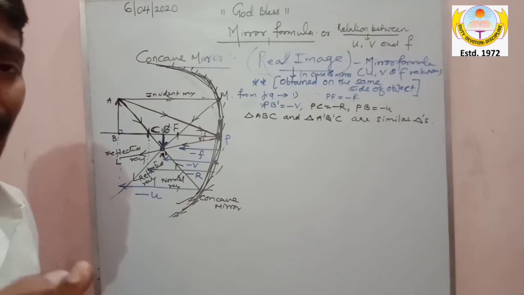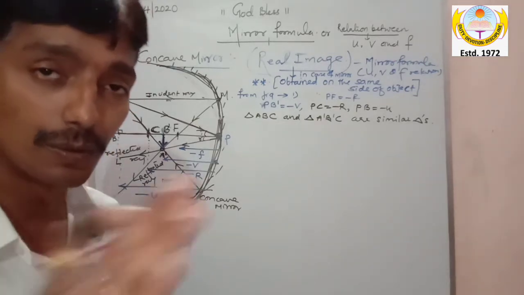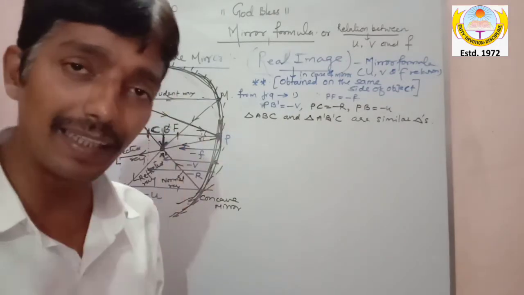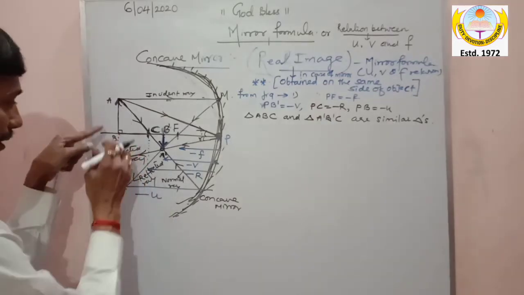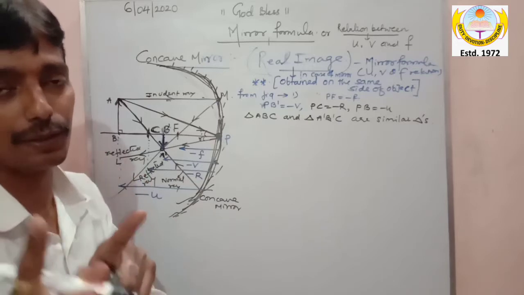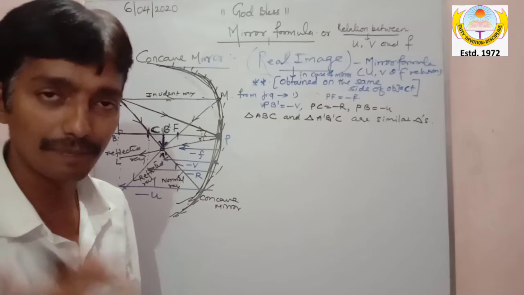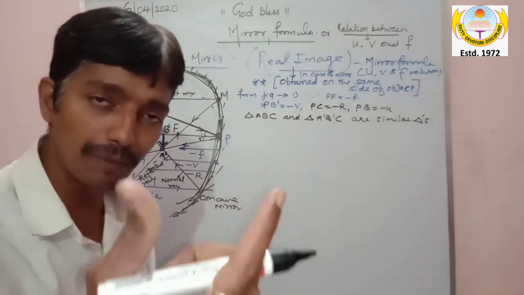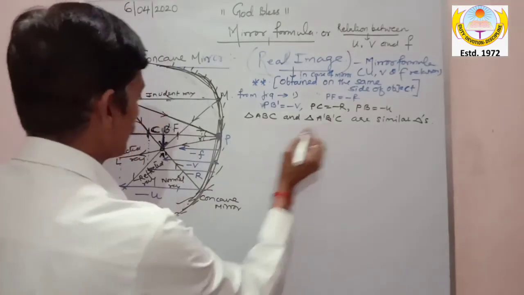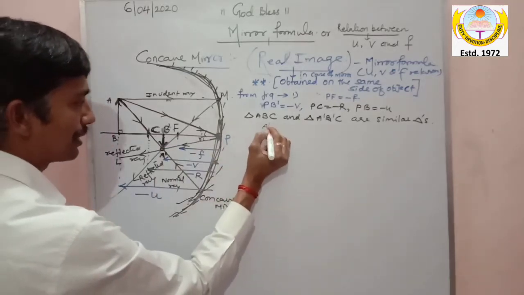So if they are similar triangles, their corresponding ratios are equal. The corresponding ratio in the triangles, base and sides, are equal. Here I am giving all hints from the video, please take care. Always write the image in the numerator, then divide by the object. You take the side from the image first, then the side of the object in the denominator. So here you stick this side first, of the image, that is A dash B dash.